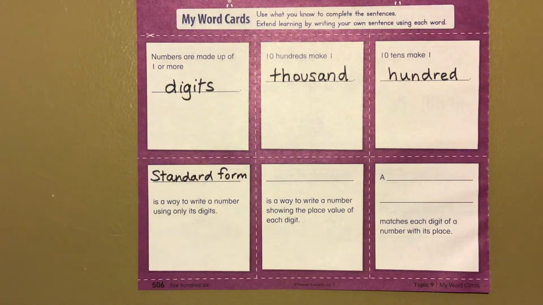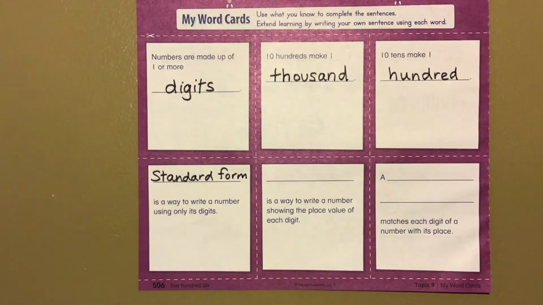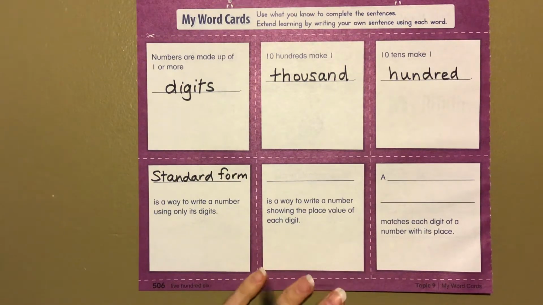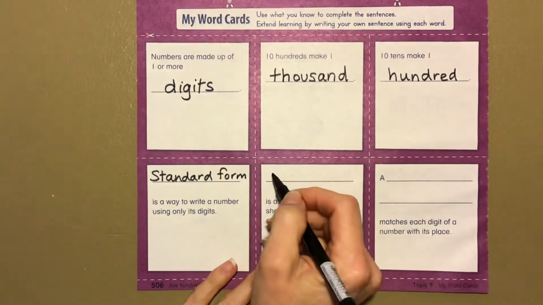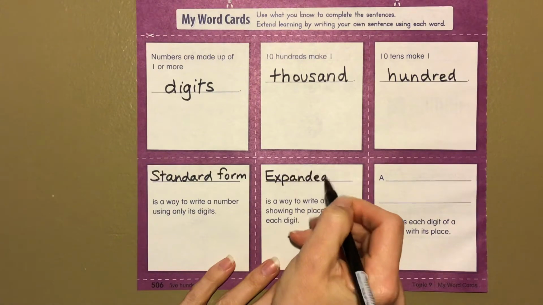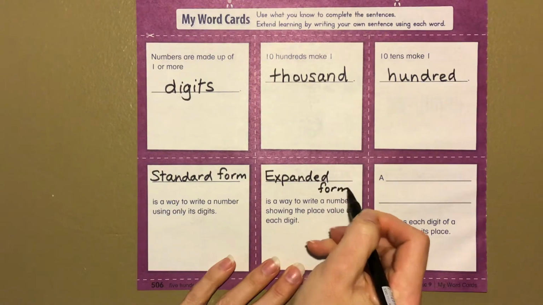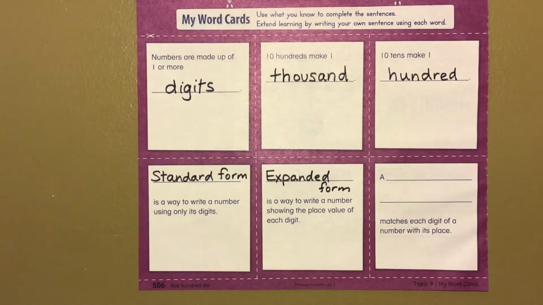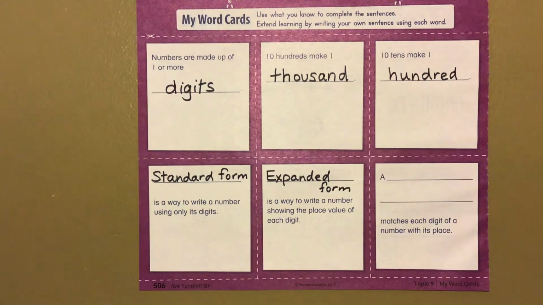Okay, blank is a way to write a number showing the place value of each digit. So that is going to be expanded form. Expanded form. And finally, a blank matches each digit of a number with its place.